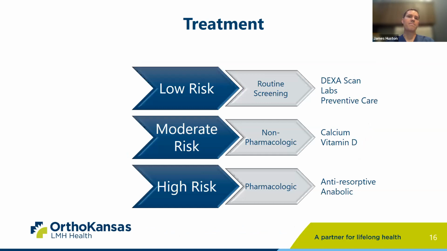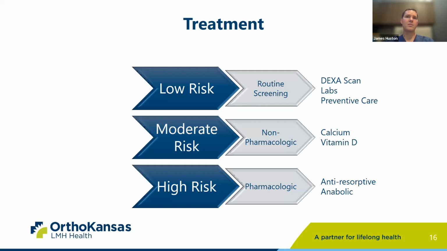So depending on the score from that DEXA scan, as well as other risk factors and factors that are taken into consideration, patients can be stratified. If a patient's low risk or normal, then just a routine schedule of DEXA scan screening, general screening labs such as a chemistry panel or complete blood count could be done on a regular basis, and preventive care, weight-bearing activities, nutrition, all those things we touched on.